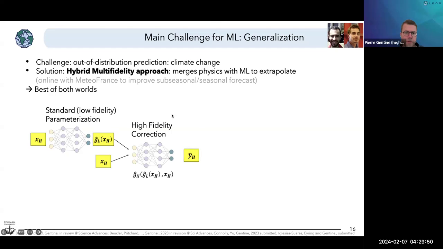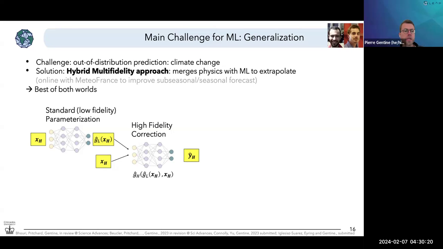And what we are doing is correcting the structure of that model using a high fidelity correction, which is basically training on the high resolution simulations I showed you before. And we typically only have that in the past, in the historical record or over a very limited time domain. So we don't have the full simulation actually observing the future. So we have future and past for the low fidelity parameterization, but we typically only have the past for the high fidelity correction.